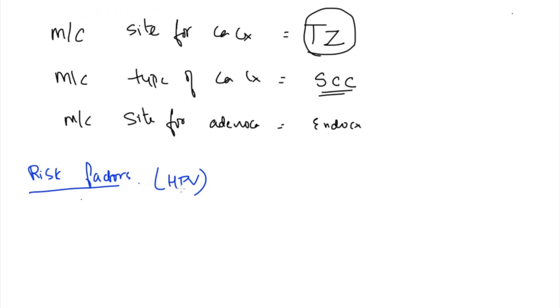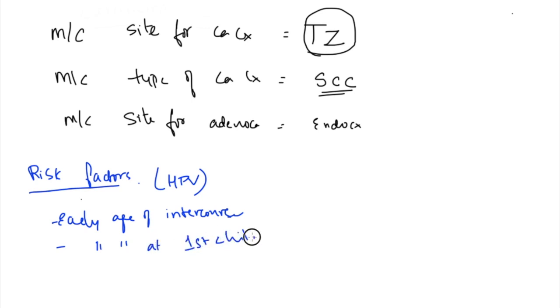So what are the risk factors? Early age of intercourse. Hence early age at first pregnancy, or rather first child. Then multiparity, more exposure, correct? And multiple sexual partners.